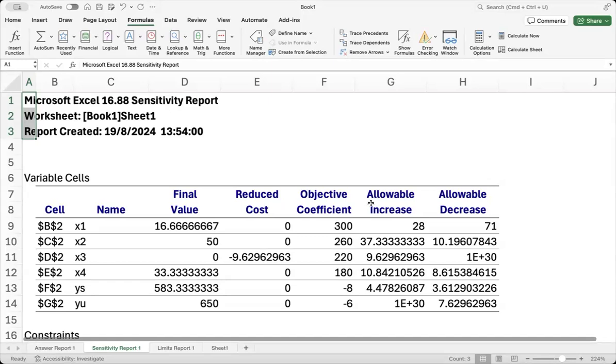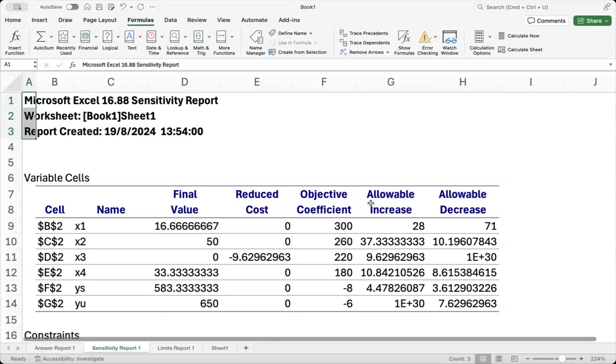So you see that the coefficient here is the price of the product. If the price of your product changes, maybe product one changes from 300 to 310, do we have to solve the problem again?